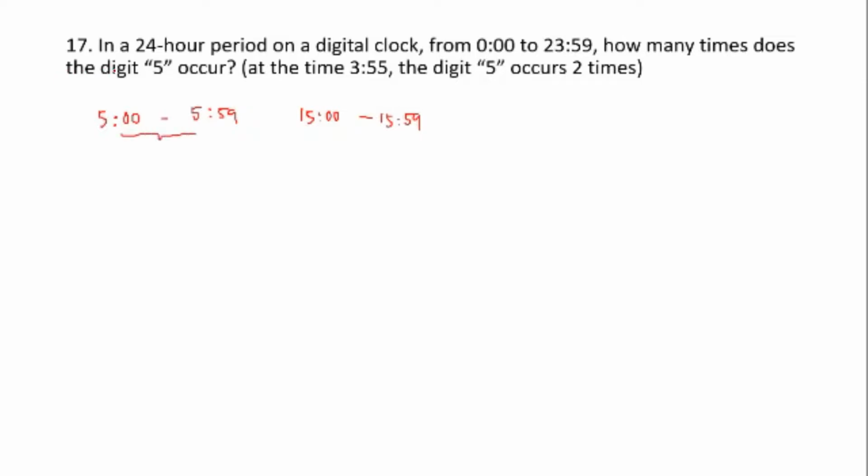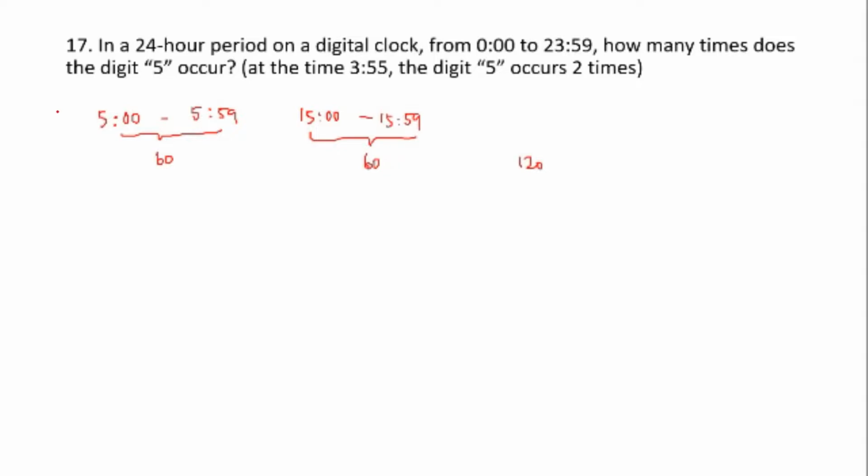So 60 times here, which means 60 minutes. We only count the number of the time with 5 in the hours place first, okay? So let's not mind the minutes yet. So this is also 60 times. So the digit 5 appears in the hour 120 times.